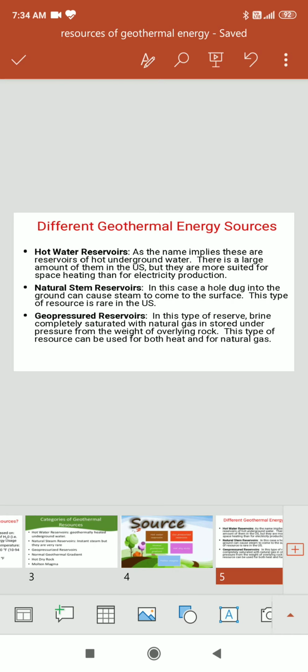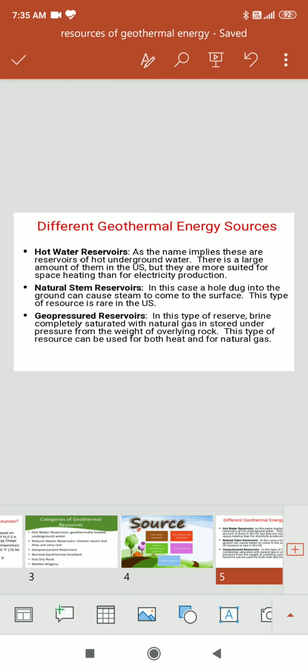So it is used for space heating or cooling purposes in different countries rather than electricity production, because electricity production needs the steam state of water. Hot water is a liquid state, so it is used for space heating or cooling purposes.